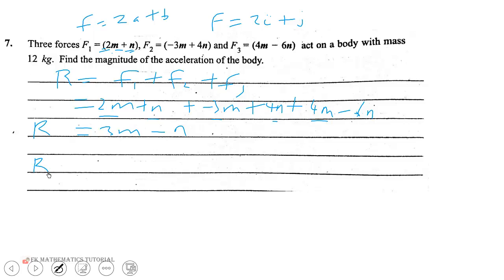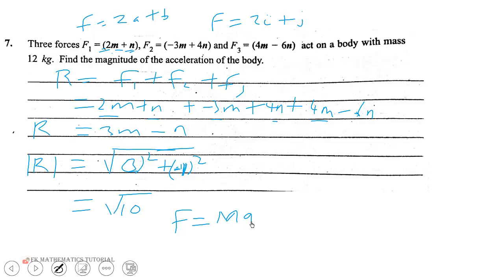So the magnitude of the resultant vector will be equal to the square root of 3 squared plus negative 1 squared. So that will give us square root of 10. We know that the force is given by ma, mass times acceleration.